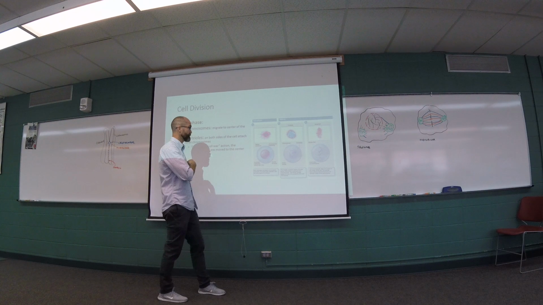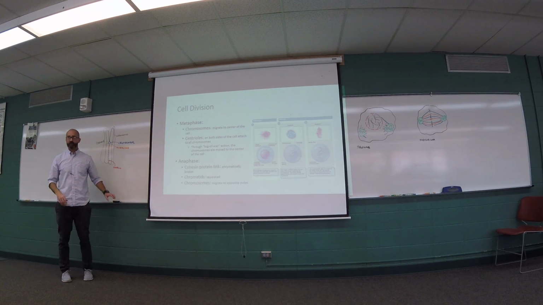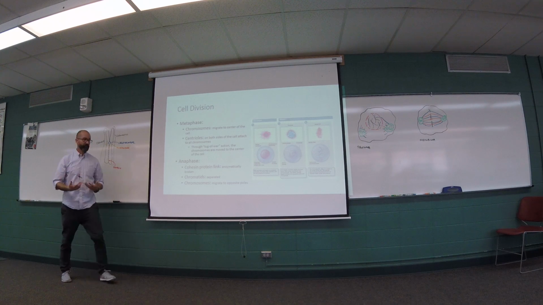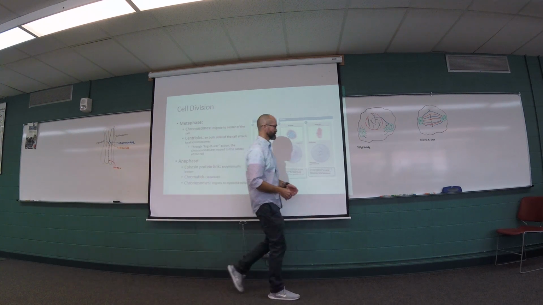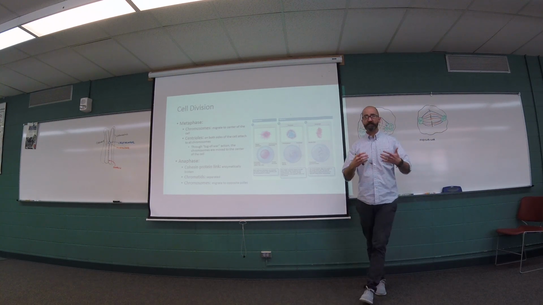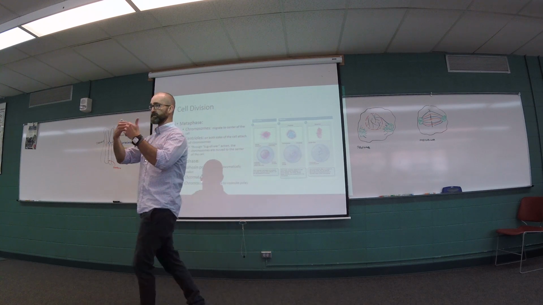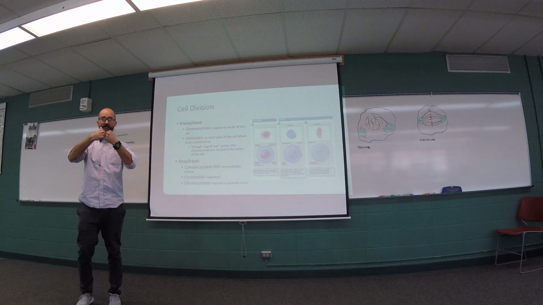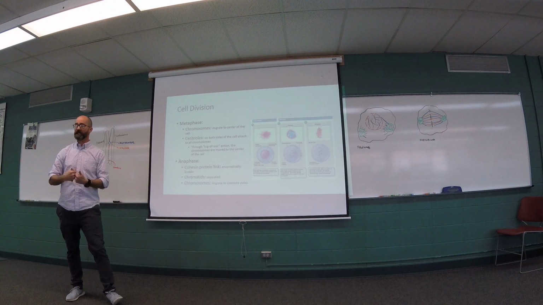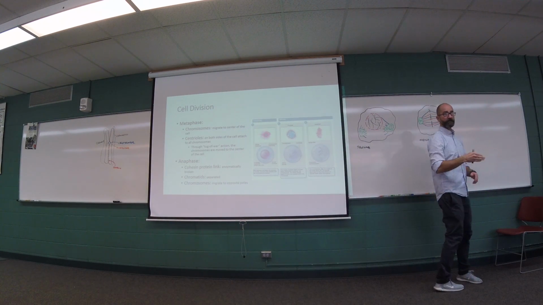Okay. So after metaphase, we then get an equally simple phase called anaphase. With anaphase, what happens is those cohesin proteins that are holding sister chromatids together come apart. It unzips, and the sister chromatids are pulled to opposite ends of the cell, with the centromere kind of leading the way.